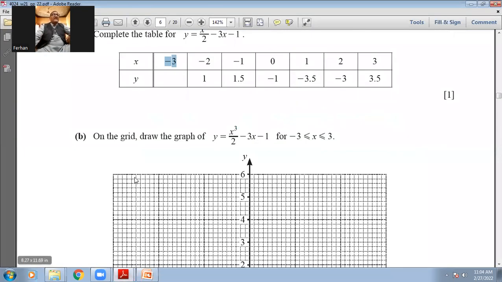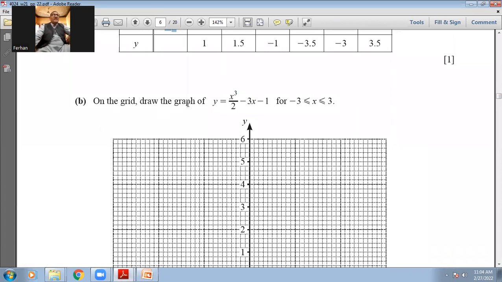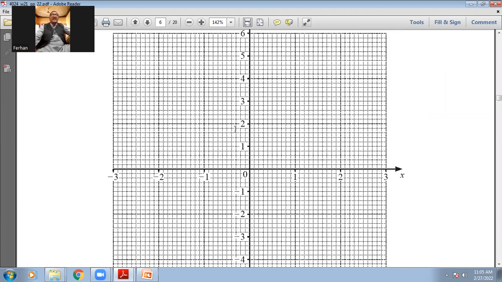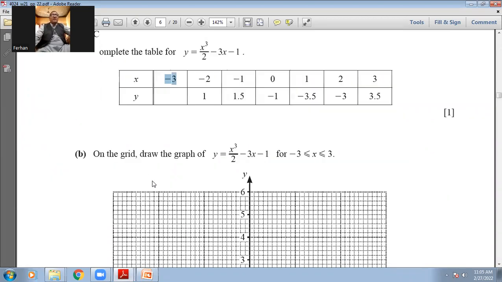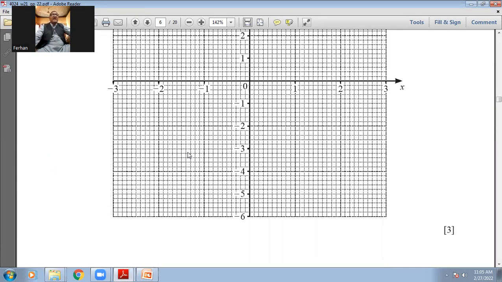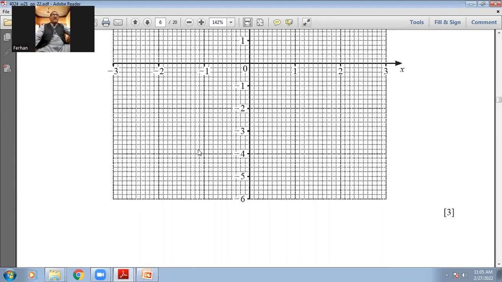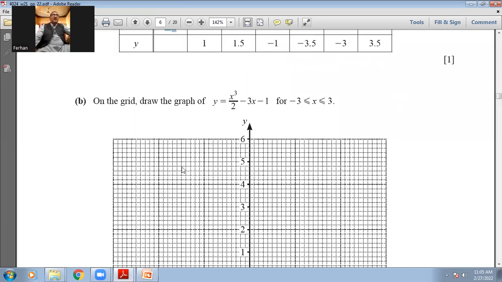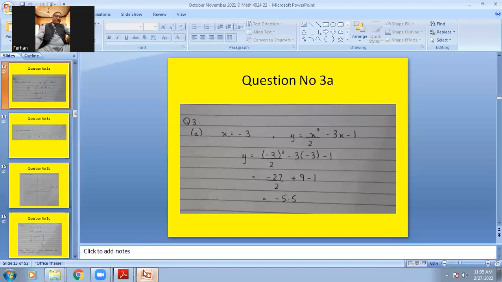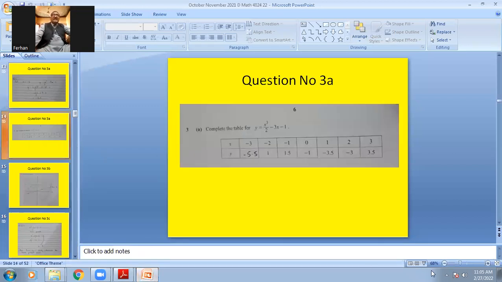Okay. So the next thing you have to do is, on the grid, draw the graph of y equals x cubed divided by 2 minus 3x minus 1 for x greater than or equal to minus 3 and less than or equal to 3. You simply need to plot these points on this grid and join them with a smooth curve. So let me show you.